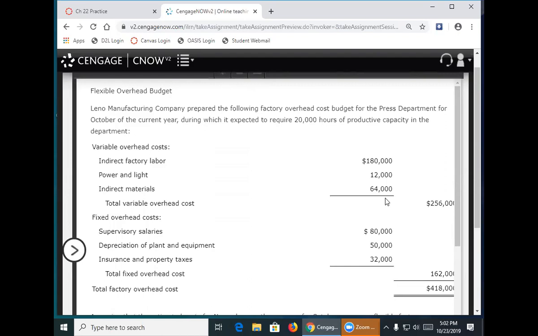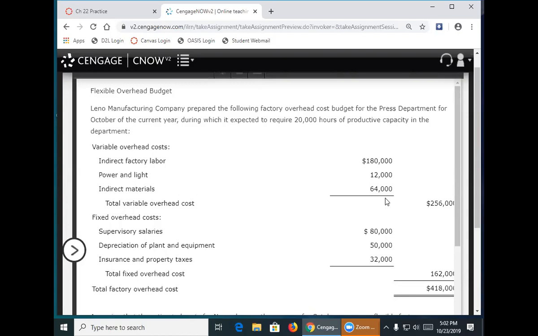Power and light is 12,000 divided by 20,000. And that would be, what, 60 cents per hour?